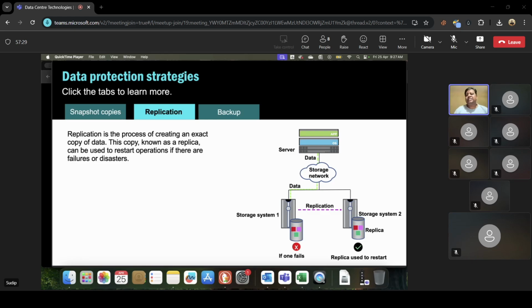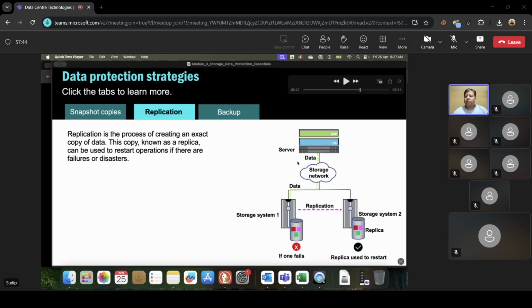Almost instantaneously, so very close to zero RPO and zero RTO can be achieved by using replication technologies. All right, but it is easier said than done.